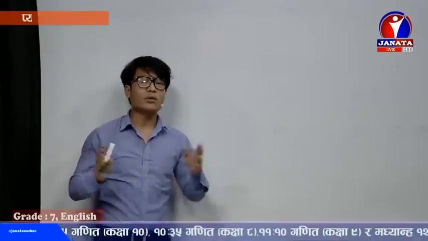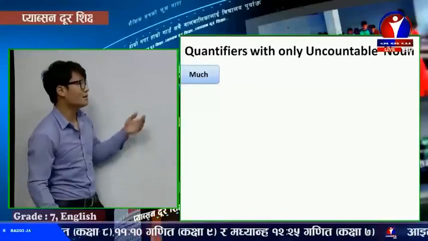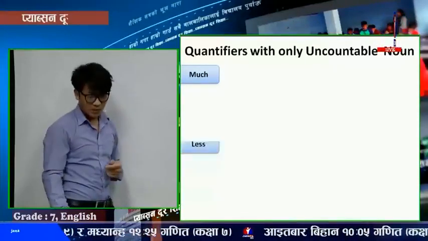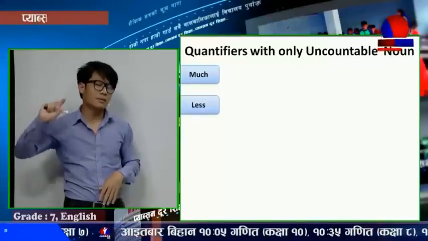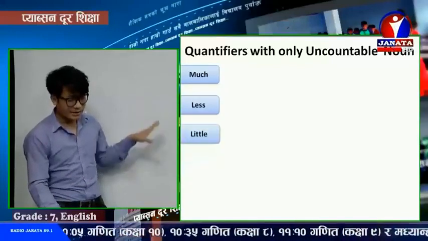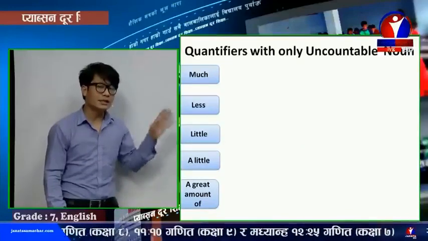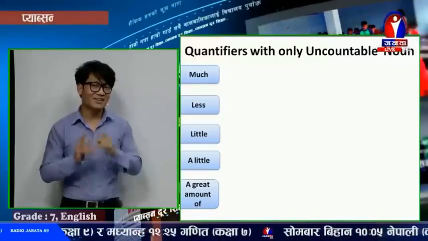So I'm going to show you in the slide some quantifiers which are used only with uncountable nouns. You can see quantifiers with only uncountable nouns, like much. You cannot use this word much with countable or countable plural nouns. So much, less, little, or great amount of, these can be used only with uncountable nouns.